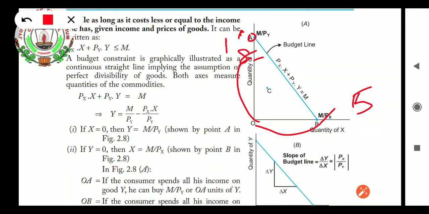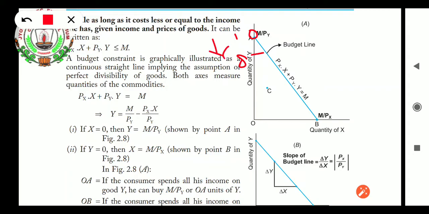Suppose we are decreasing from 10 to 8, how many units of x can we increase? Earlier when we were purchasing 10 units of y, we could not purchase any unit of x.